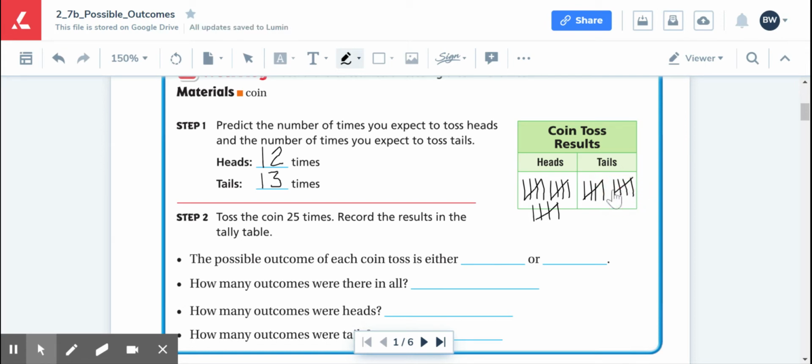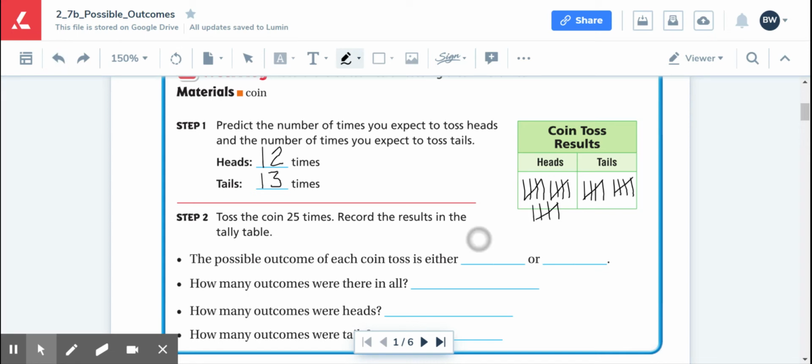Now we're going to talk about the possible outcome of each coin toss. We know that the possible outcome is either heads or tails. We're just going to write H and T for heads and tails.